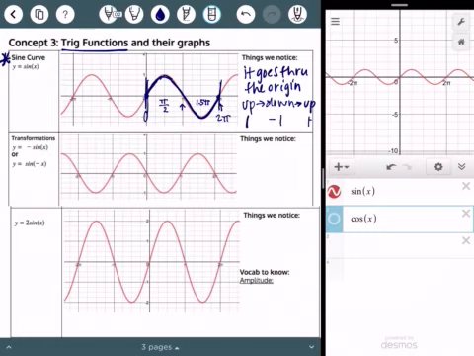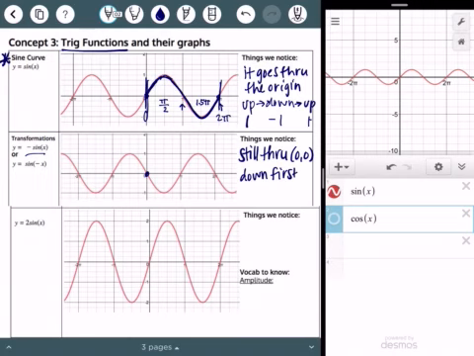So what I'm going to do here is show just the ways that we can transform this graph. If I look at the next graph here, this is negative sine x. And what we see is that it still goes through the origin, still through 0, 0. But this time it flips over and it goes down first, right?